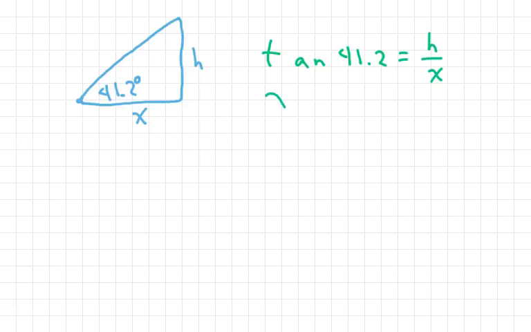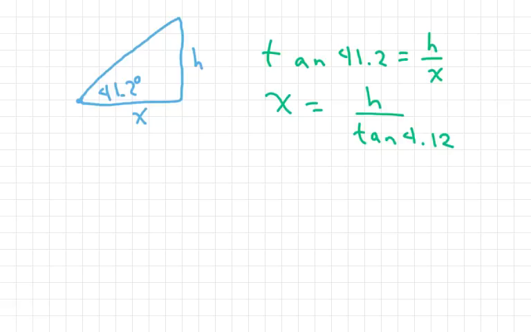So I'm going to cross multiply, and I get x equals h over tan of 41.2. Now I'm going to rewrite what I had on the first page.